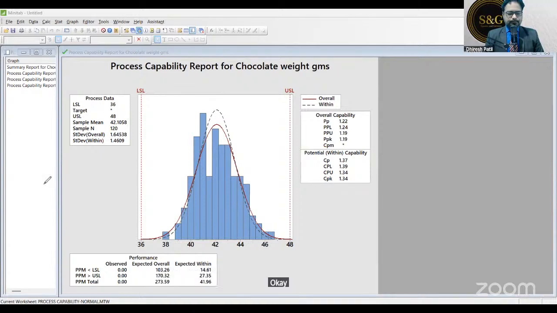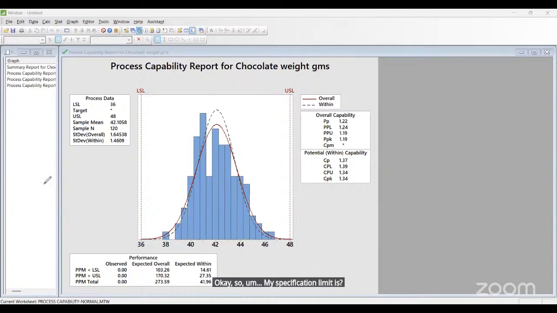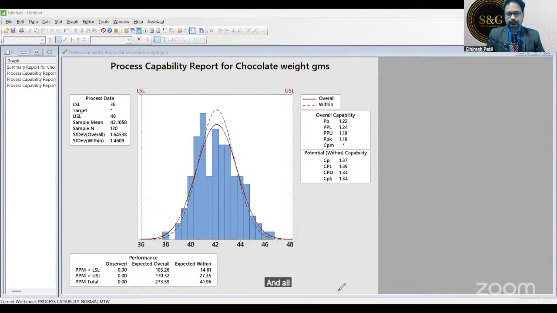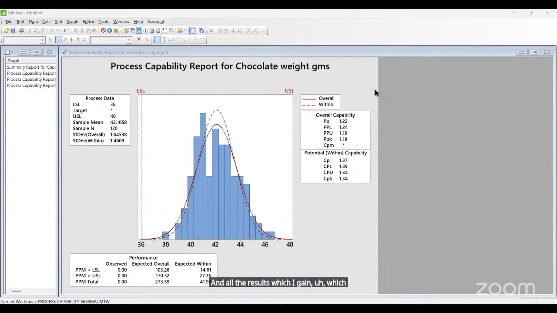My specification limit is, for example, 0.5, not more than 0.5. All the results which I obtain are less than 0.10, far away from the specification.